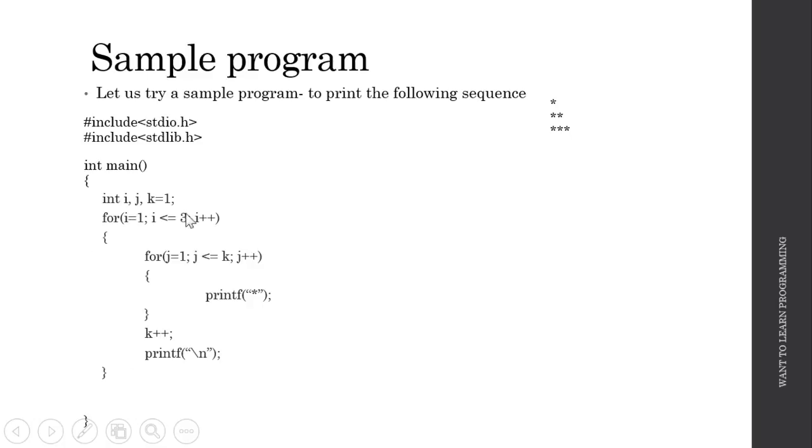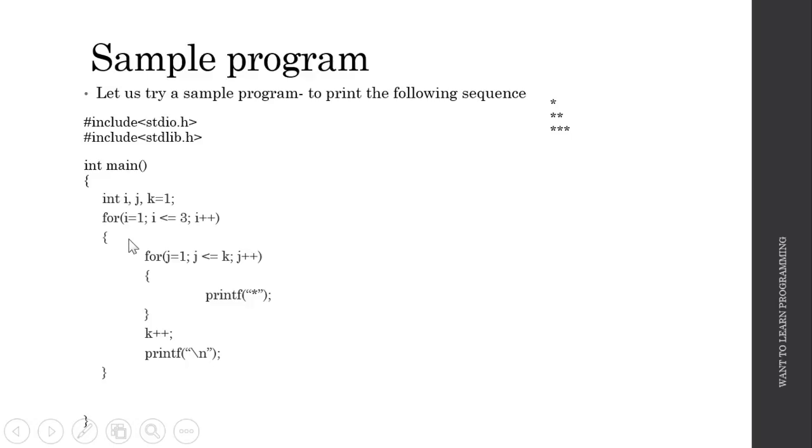In the second iteration, that is i equal to 2, again j equal to 1, j is smaller than equal to k. Here, this loop will run twice, so there will be 2 stars that will be printed onto the console. Next, it will move to k++, increasing the value of k again and go to the next line.